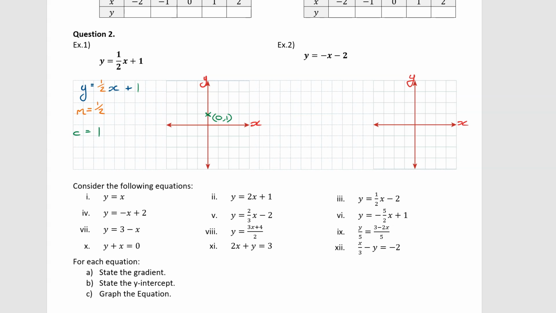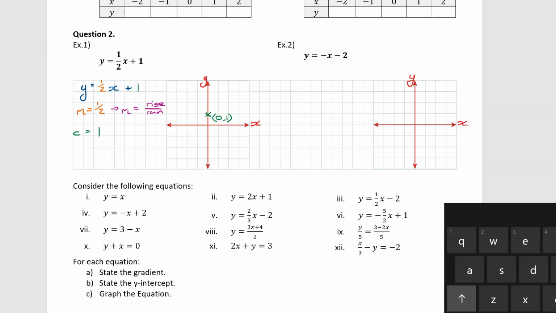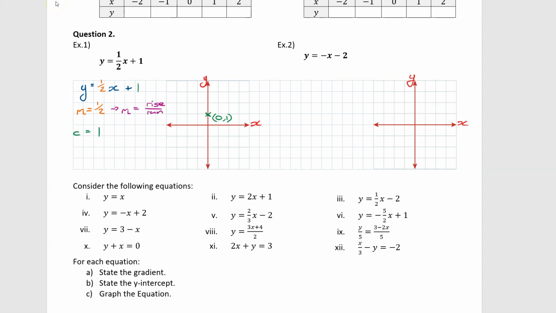Now the next part is we need to find the next coordinate, and we can do that using the m equals half. So recalling gradient is rise over run. It's the same as saying, well, the rise is how far do we go up, and the run is how far do we go across. So going at this point of the y-intercept of 0, 1, notice that we've got a rise of 1 and a run of 2.